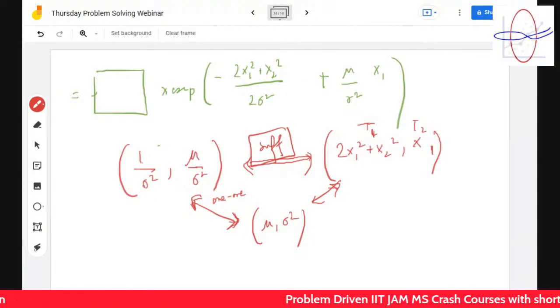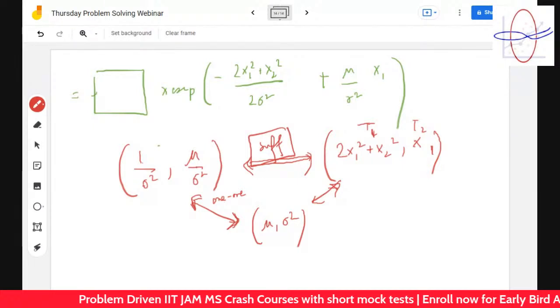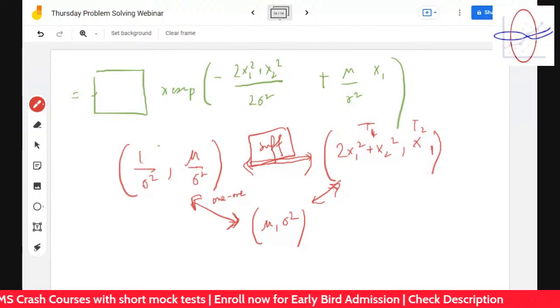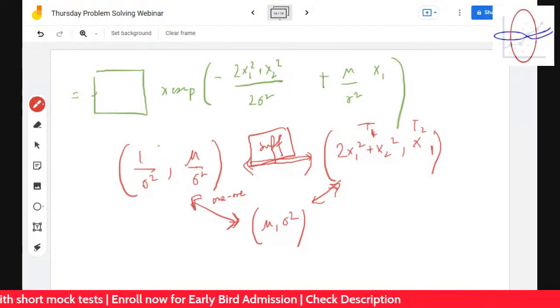Find joint PDF. Perfect. Then Neyman factorization, and then find joint PDF.